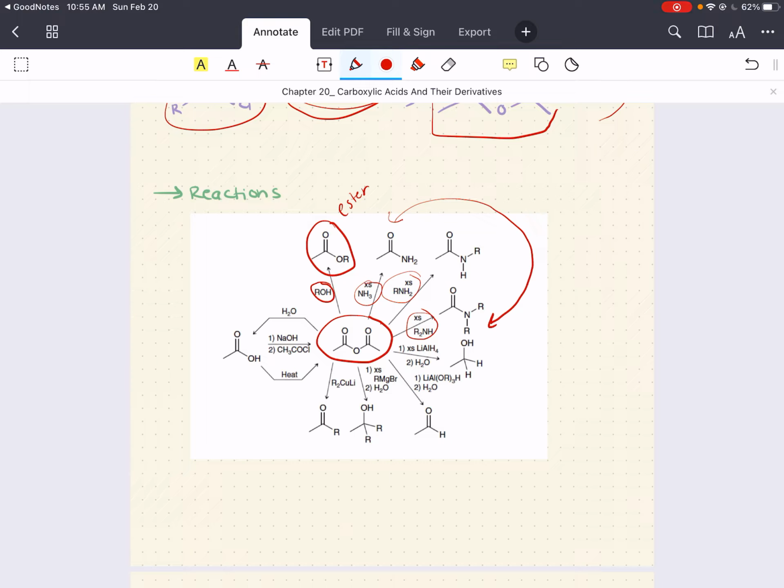We can also reduce anhydrides, where we form an alcohol at this carbonyl and the rest of the group just turns into hydrogens. We can treat it with a Grignard reagent, and convert, again, the carbonyl to an alcohol group and introduce two new alkyl groups. We can introduce a new alkyl group without compromising the carbonyl group using this copper lithium complex.